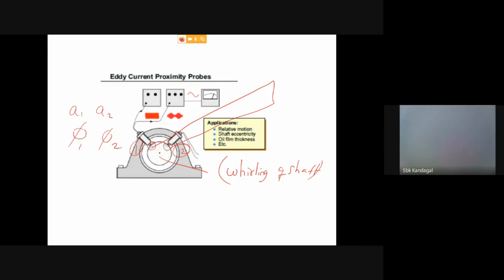Let me draw a shaft here. We have one more gear housing here. You can see whether this shaft is wobbling, with out of plane vibration, and this will be easily captured by these proximity probes. The whirling of shafts will be easily found from these eddy current proximity probes.